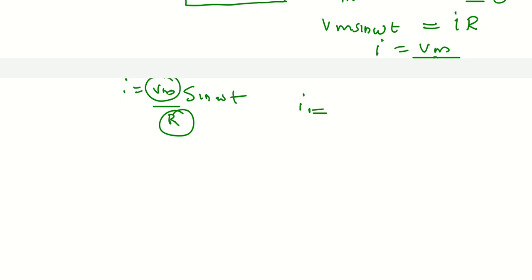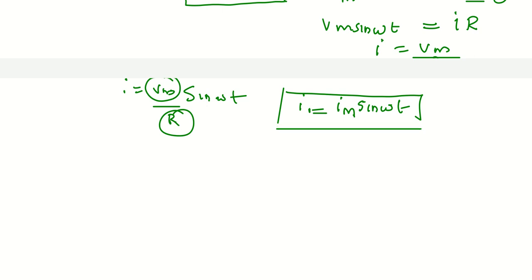So Vm by R gives you the peak value of current, which is represented by Im, so I is equal to Im sin omega t. So the AC voltage through a resistor gives the current expression here. Current is also a sine wave, and I is equal to Im sin omega t. Im is equal to Vm by R.